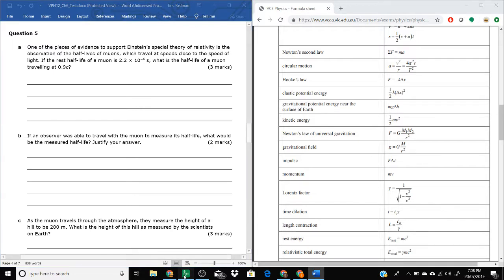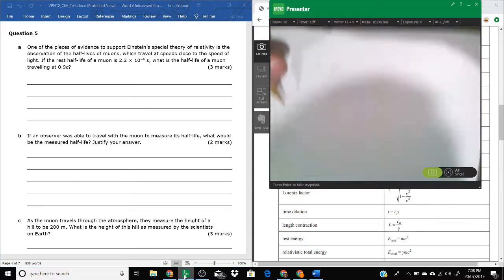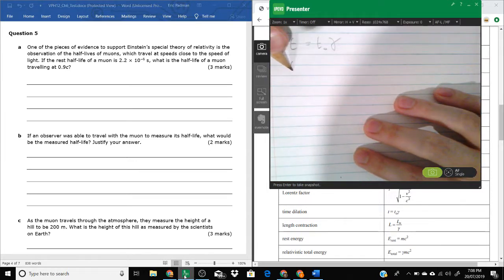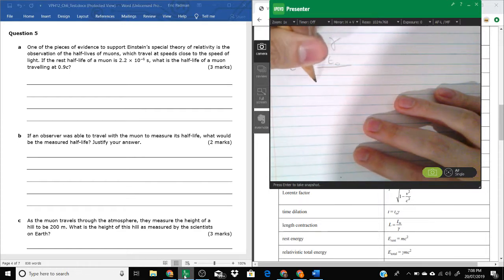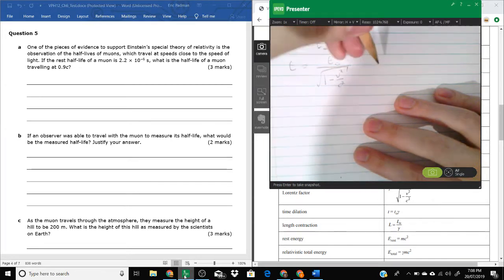Getting back to my notepad. Let's bring that back up again so I can see more of the page. It's a little bit easier. So we're going to express it like this: T equals T naught over the square root of 1 minus v squared over c squared. And we're going to substitute in some values.